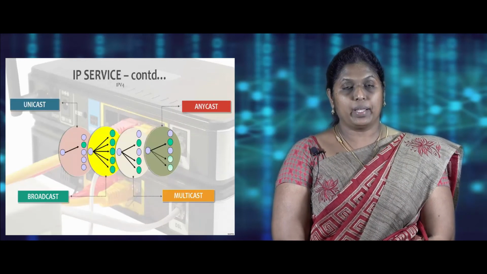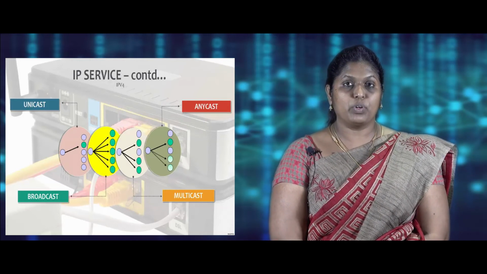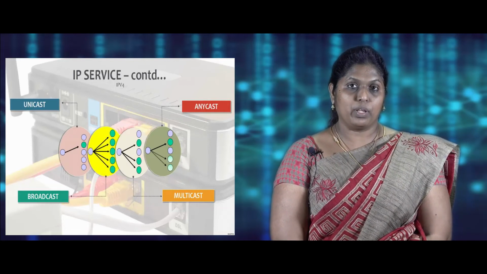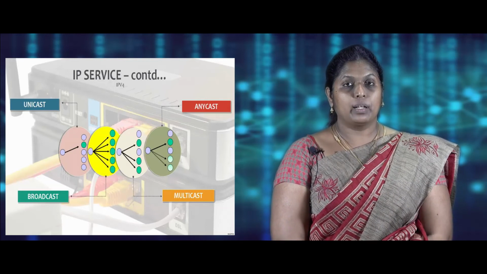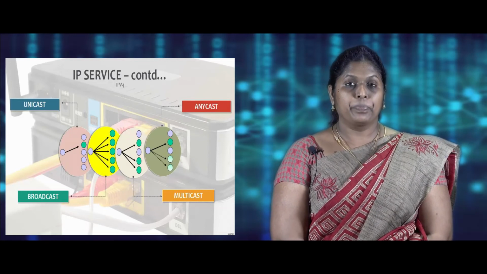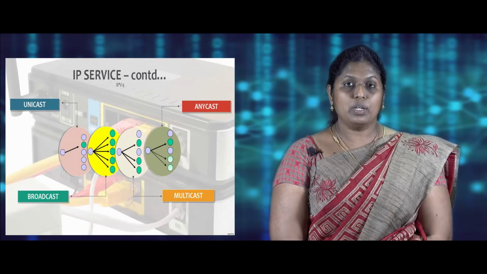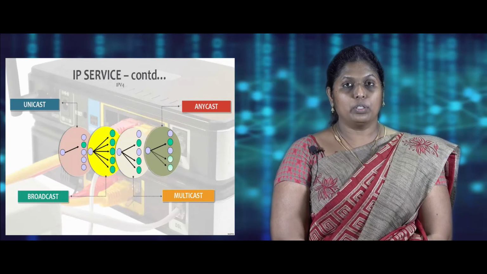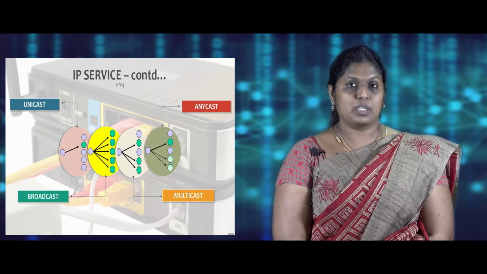In continuation with the IP services, there are four different types of routing supported by IPv4. The first one is one-to-one routing. We call this unicast. This is supported by Class A, Class B and Class C addressing schemes. The second category is one-to-all. This is called broadcasting. This is supported by the 255.255.255.255 addressing scheme.